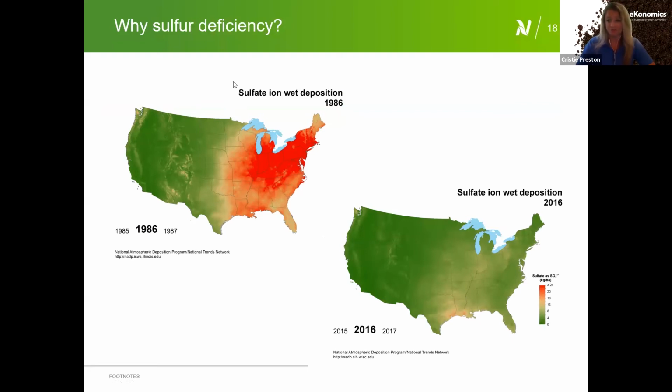But since we've started cleaning up our air and not seeing as much sulfate deposition, say in 2016, we still have some areas down here in Louisiana and Texas where we are still seeing some deposition, but it's not enough to meet crop demand. And as we have higher yields, we're going to see more and more sulfur deficiency over the years.